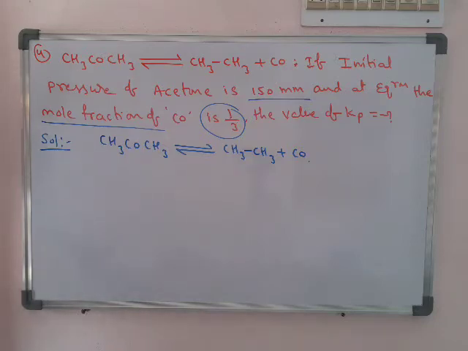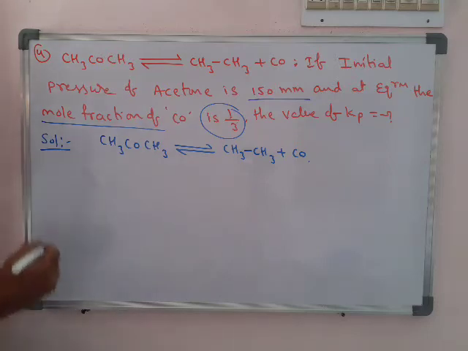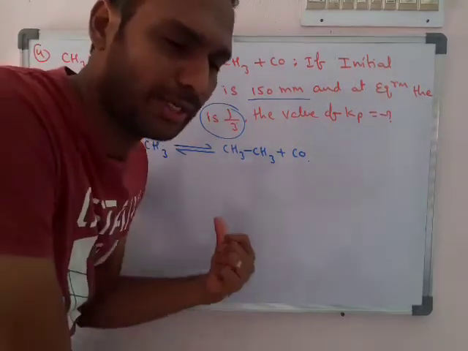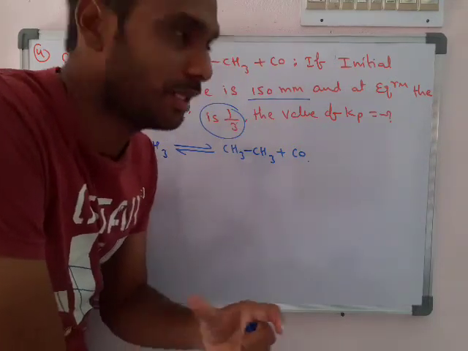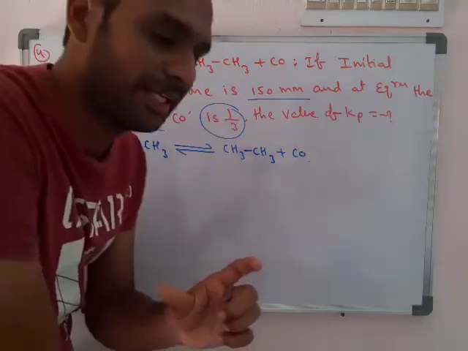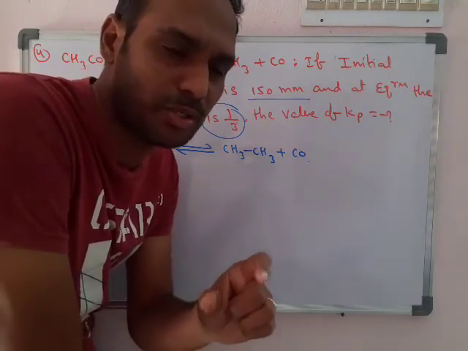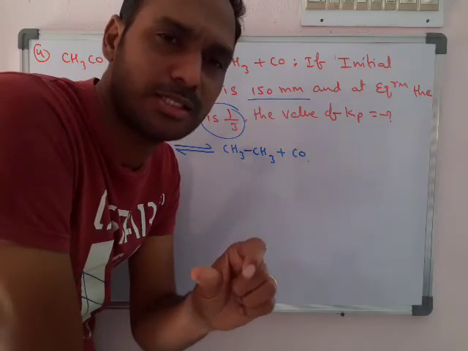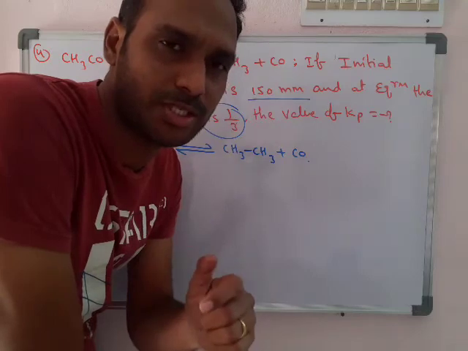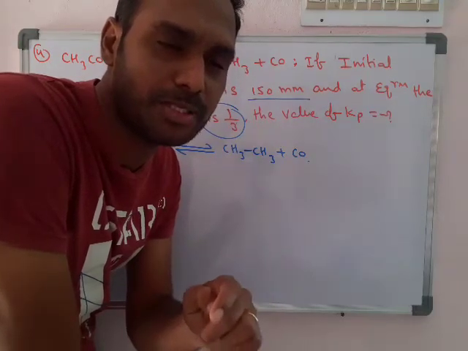First we take in terms of moles. Total pressure here is 150. Why are we not taking the initial pressure directly? We need to find the number of moles to get the partial pressure. For the partial pressure, we need mole fraction into total pressure.